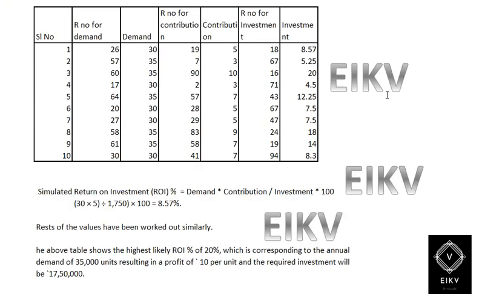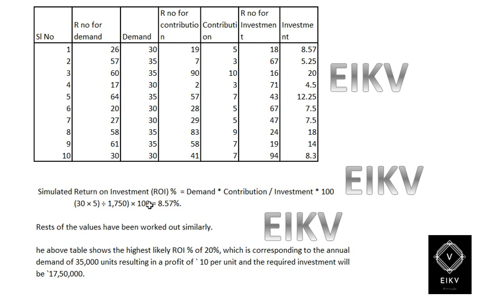In the same way you need to go ahead with all the random numbers. After that, the simulated return on investment is demand into contribution divided by investment, into 100.